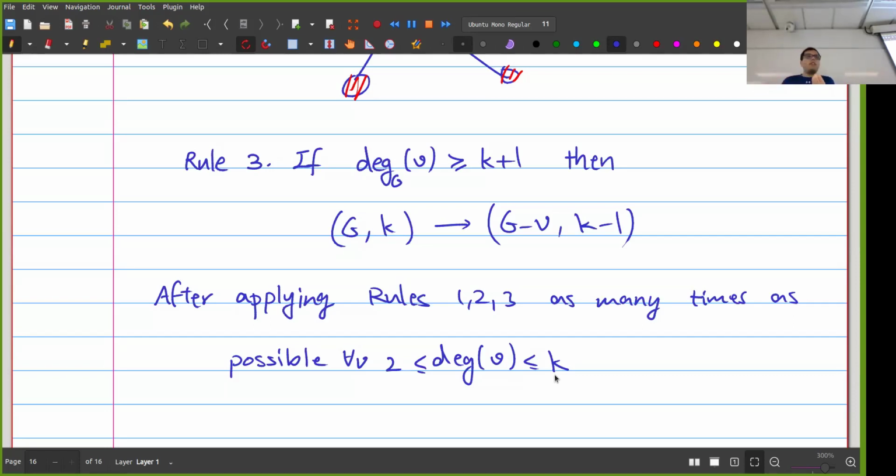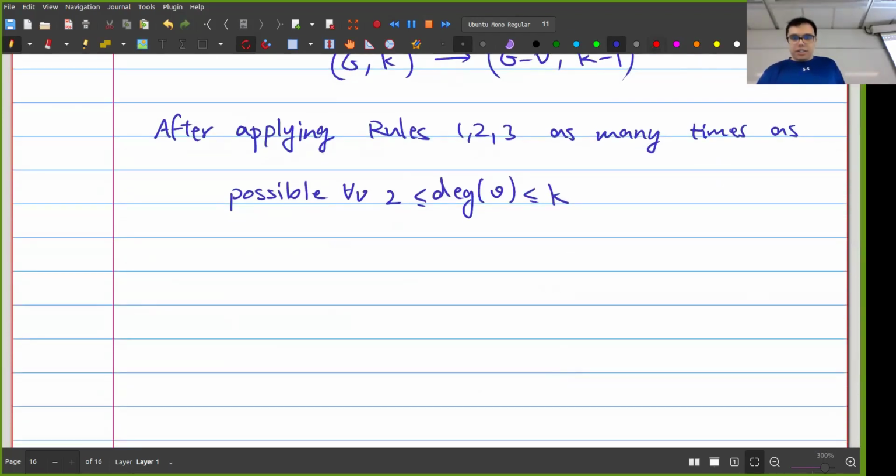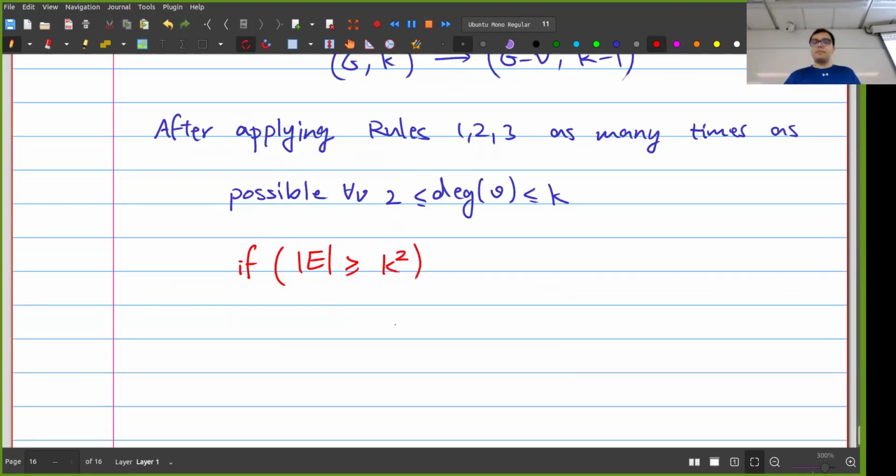So at this point, if I have more than k squared edges, I know the answer is no. It's impossible to find a vertex cover. So here I just have a simple if in my code, which says if the number of edges right now is more than k squared, then just return false.